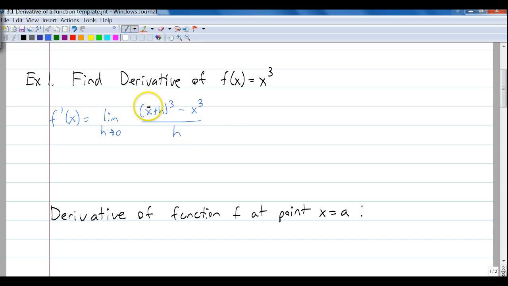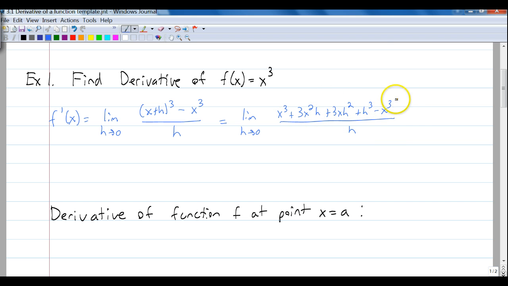You're going to have to do binomial expansion there, or multiply it out 3 times. But as you get cubed things multiple times, you will get better at expanding this. This becomes the limit as h approaches 0 of x cubed plus 3x squared h plus 3xh squared plus h cubed minus x cubed all over h.